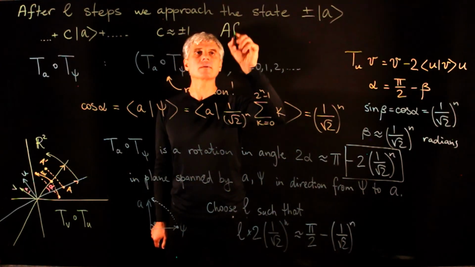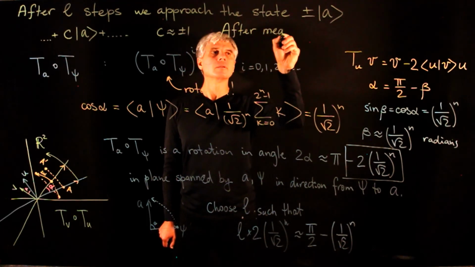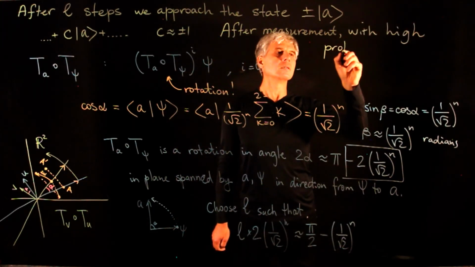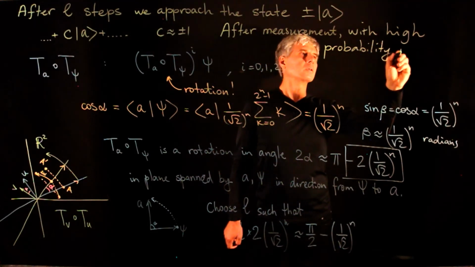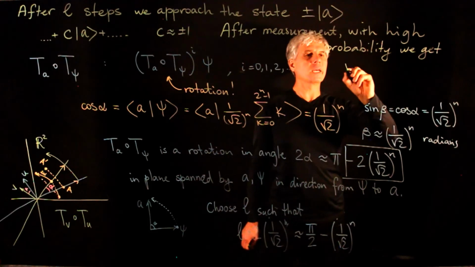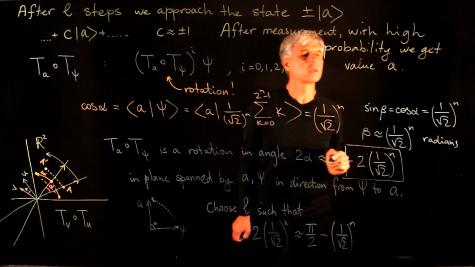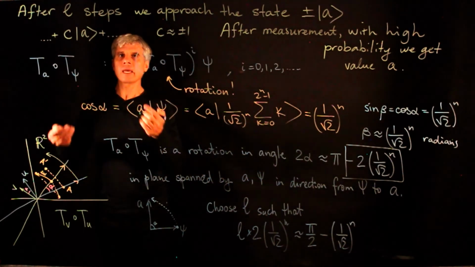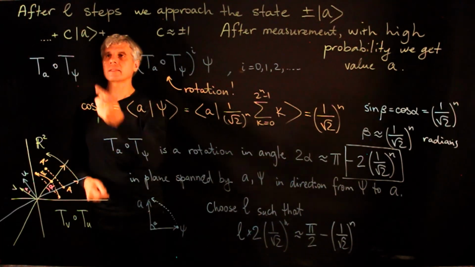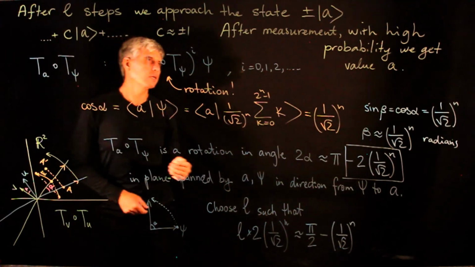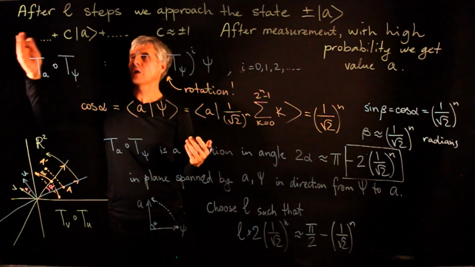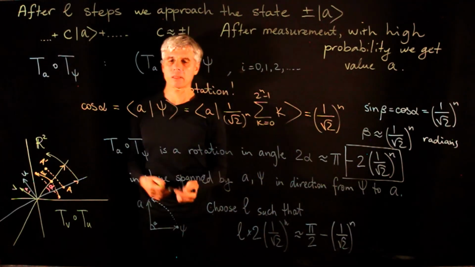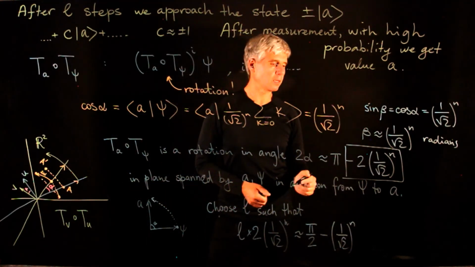And so after measurement, with high probability, we get value A. So what we can see is that by applying these rotations, we are able to boost the coefficient at the desired term A. And then, once we achieve this, if we measure all n bits, then with high probability, we obtain the value of A.